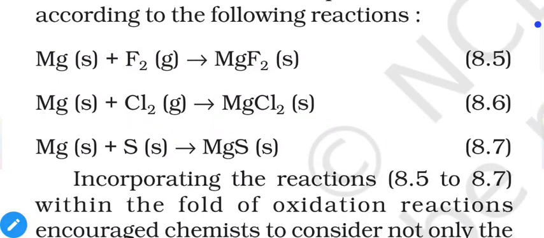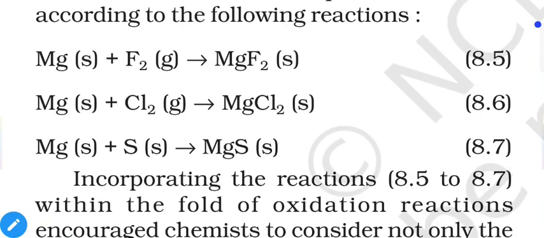Some of the reactions are mentioned here. When Mg reacts with difluorine, dichlorine or sulfur, it forms MgF2, MgCl2 or MgS. All of these reactions are additions of electronegative elements to our metal, and that's why they are also considered oxidation.